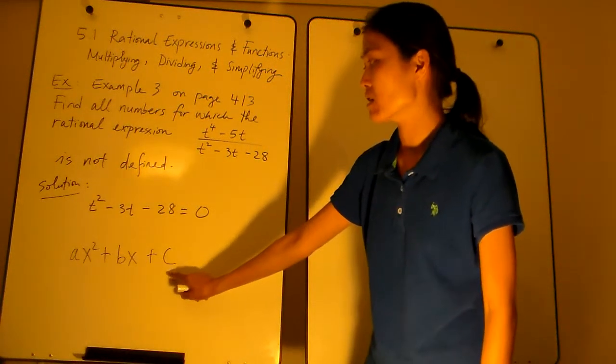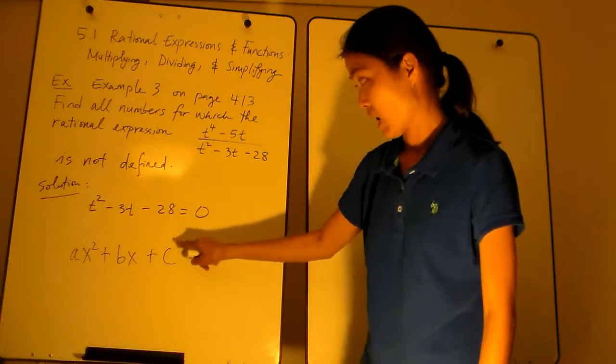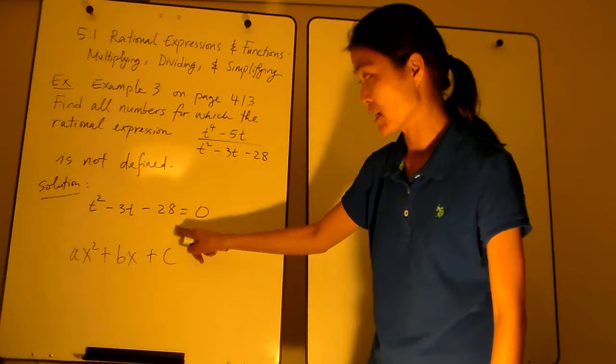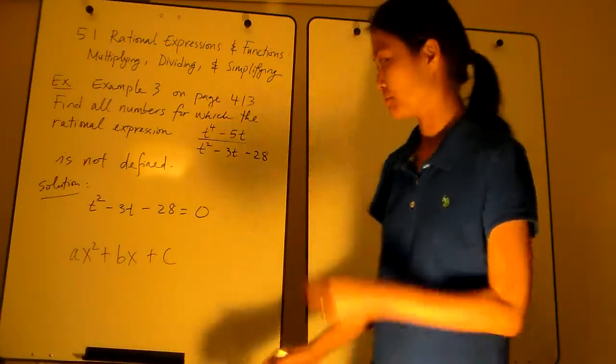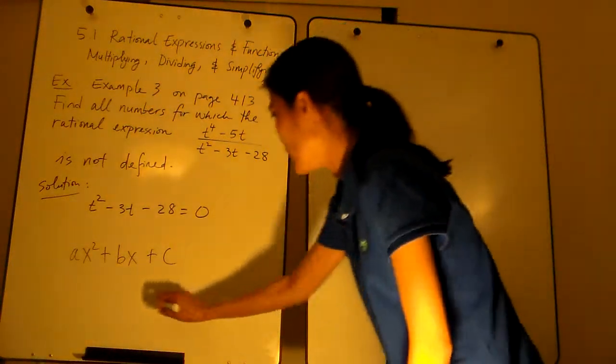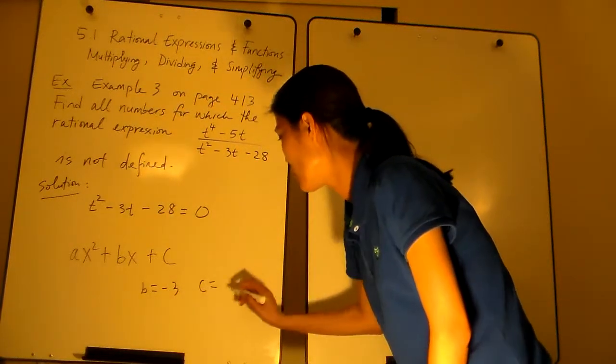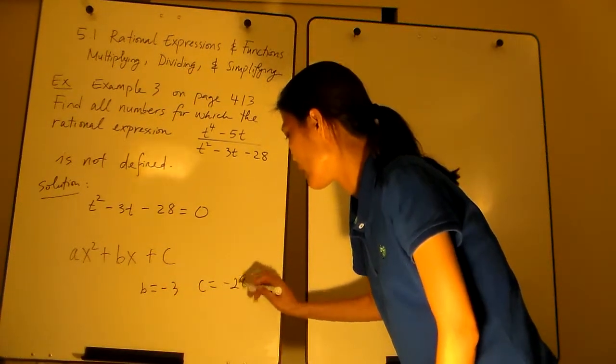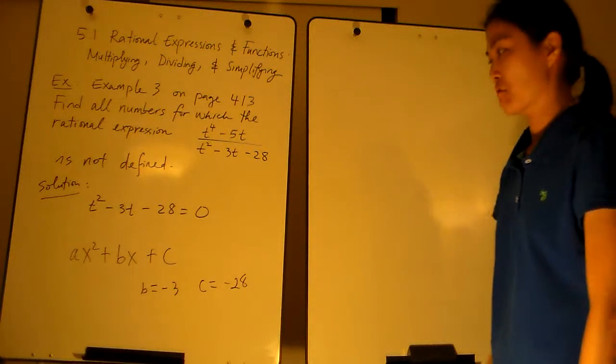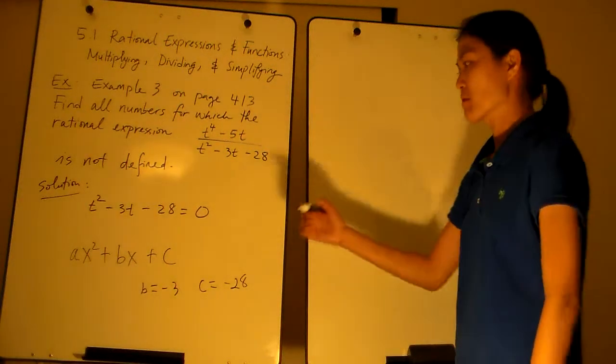And the constant term c, for this case, is negative 28. Okay? So b is equal to negative 3 and c is equal to negative 28. We need to know b and c to factor this trinomial.